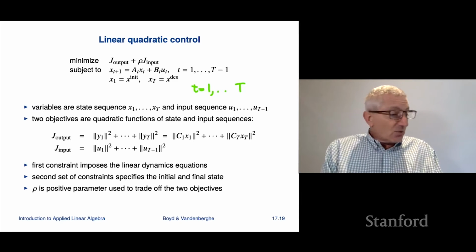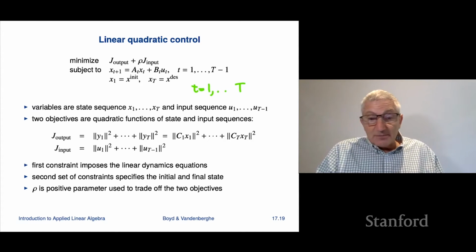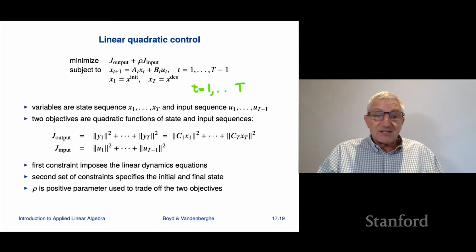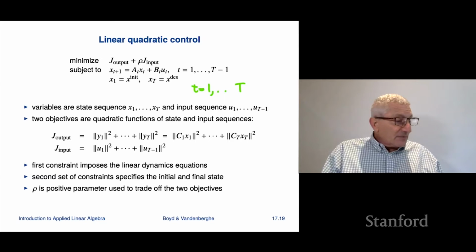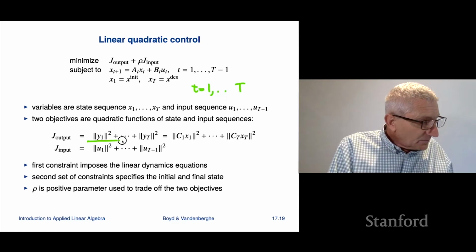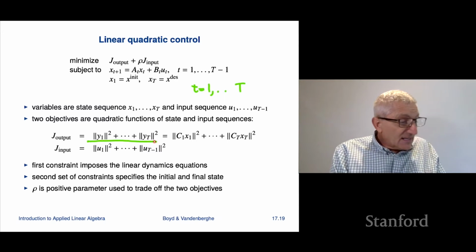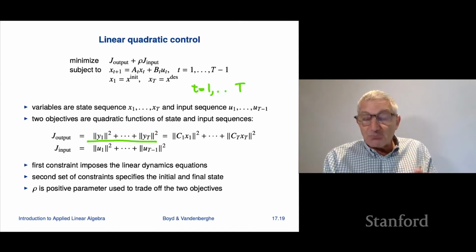What we're going to do is have two objectives. It's a bi-objective problem. In fact, you can add more objectives, so it's a multi-objective problem. But the simplest objectives would be two things, and these have names. The first one is the sum of the squares of the outputs, and you want those small.